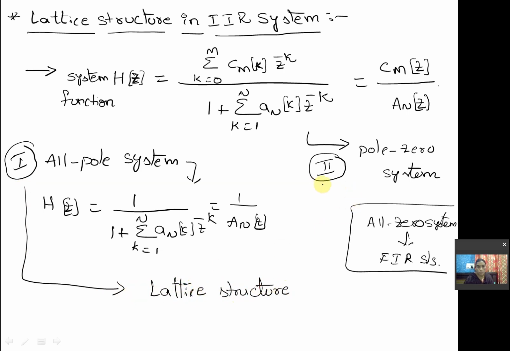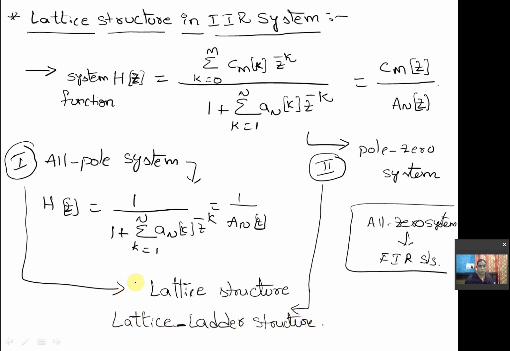Now the second one is, if you include the zeros in the all pole system, it becomes the lattice ladder system. Lattice ladder filter or system or realization structure.